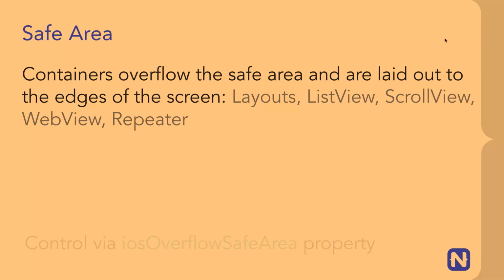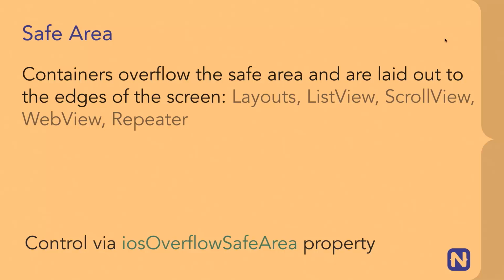And how we did this: basically all the containers available in NativeScript, like the layouts, and also list view, scroll view, repeater, all of them lay out outside the safe area, so they overflow the safe area. Everything can be controlled by the property we exposed, iOS overflow safe area.